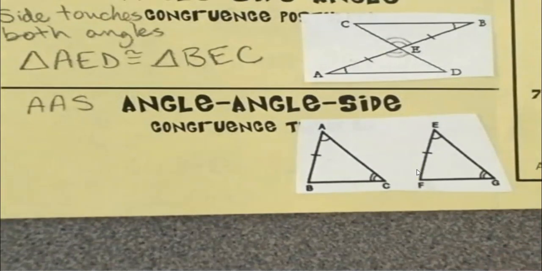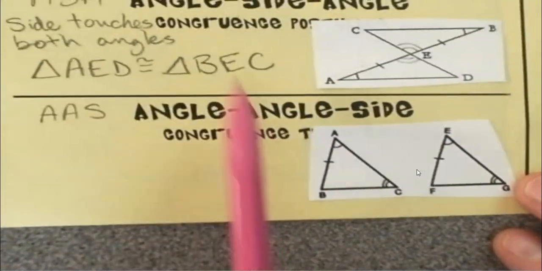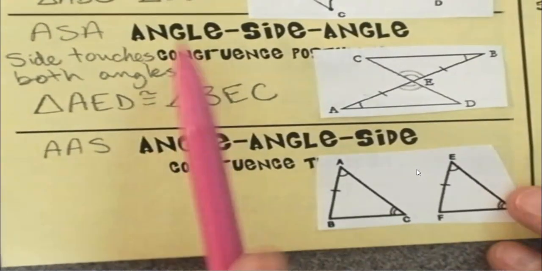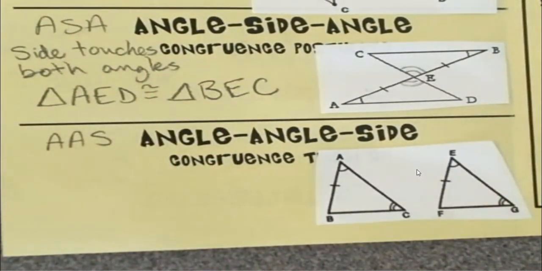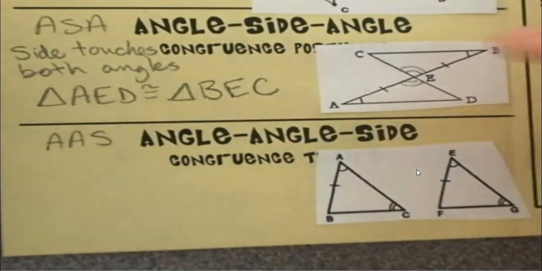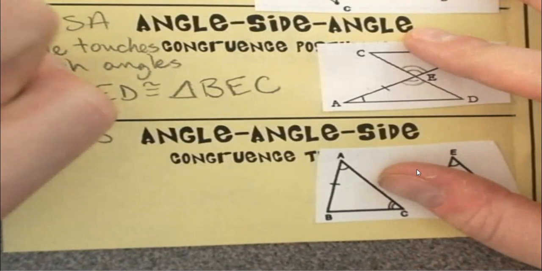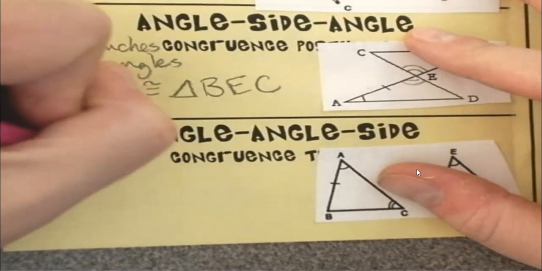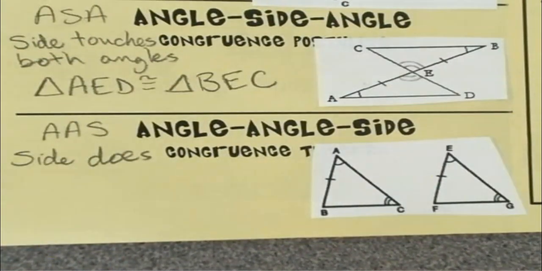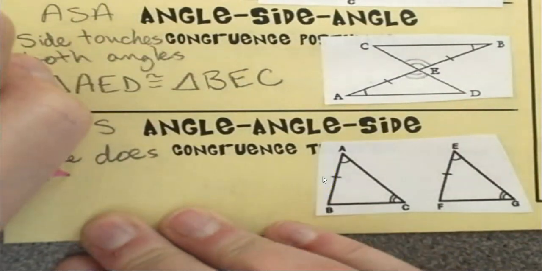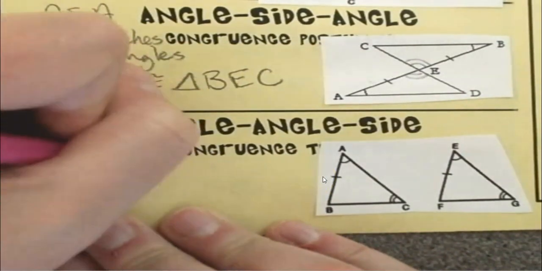All right, now that we have these glued on, we look at the picture, and I want you to notice the difference between these two, because if you're going to miss one, you're probably going to get these two mixed up. It's honestly the two that sometimes people miss. Angle, the side does not touch.